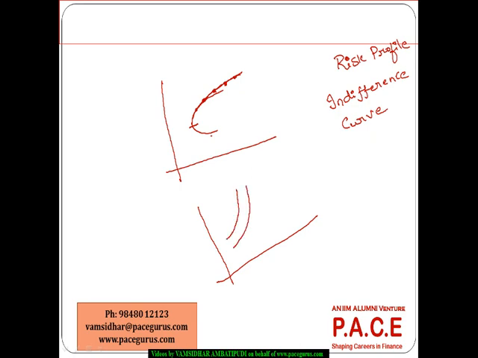So let's say there are these kinds of indifference curves. On this particular curve, the investor is purely indifferent between this combination and this, or this and this.